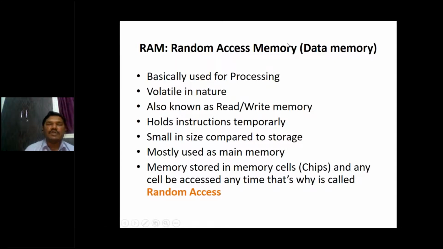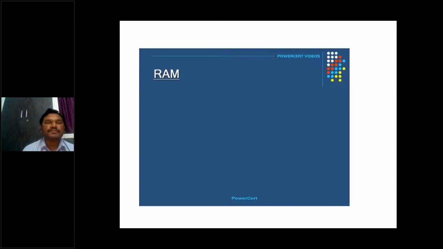It holds instructions temporarily. It is smaller in size compared to the storage of the hard disk. It is mostly used as main memory. Data is stored in memory cells or chips, and any cell can be accessed at any time. That's why it is called random access memory.